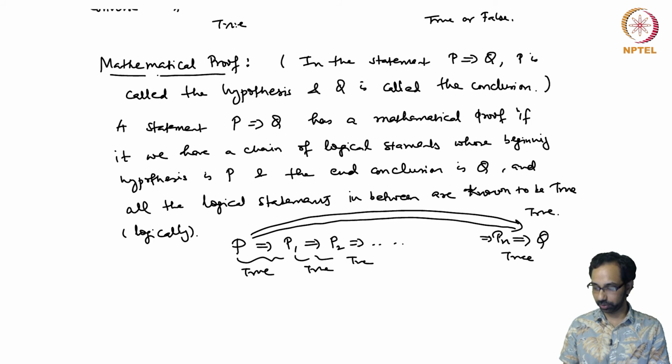So for example, we wrote that if x square is positive, then x to the power 4 is positive. So what is a mathematical proof for this?